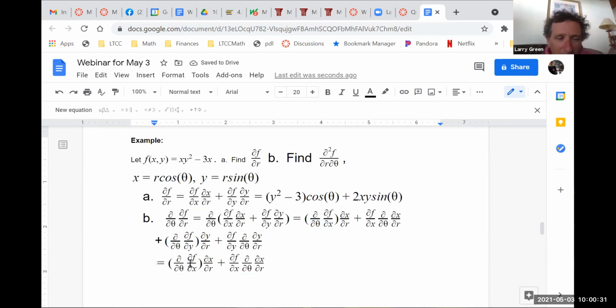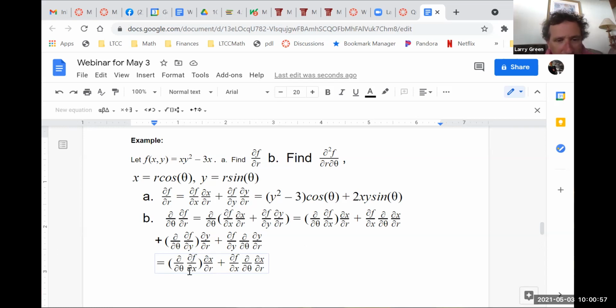How do I get del over del theta of del f del x? I need to use the chain rule because del f over del x is a function of x and y. So we use a chain rule, thinking about del f del x as a function of x and y.